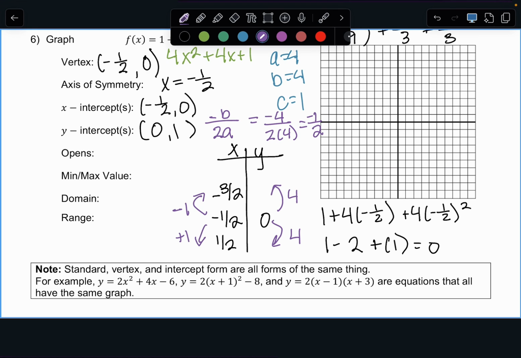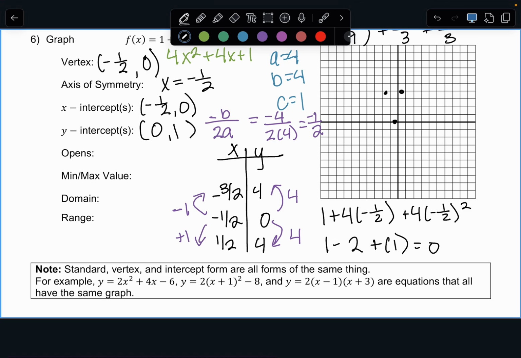So 0 plus 4 is 4. Plus 12 would be 16, way off my graph. I'm going to graph it. (-1/2, 0) is right there. (-3/2, 4) is right there. (1/2, 4) is right there.